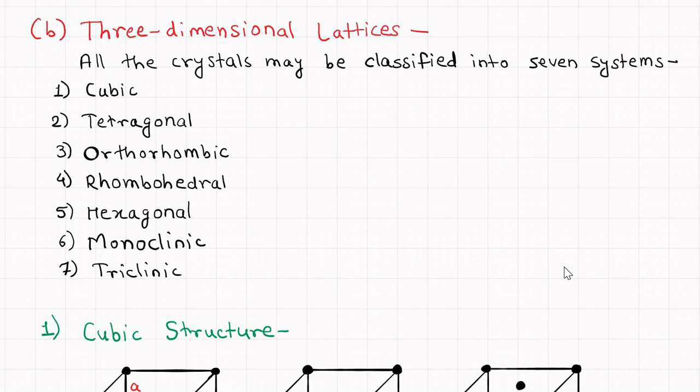The angles alpha, beta and gamma represent the angle between the vectors A and B, B and C, and C and A respectively. The lengths of mod of vector A, mod of vector B, mod of vector C and the angles alpha, beta and gamma are collectively known as lattice parameters or lattice constants of a unit cell.